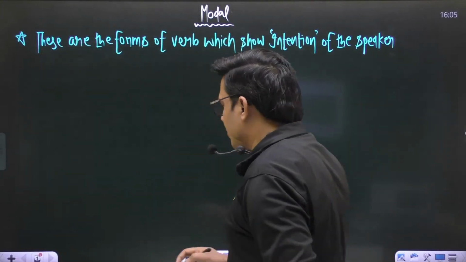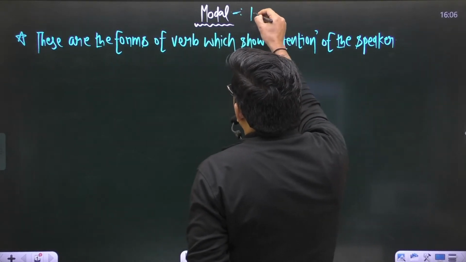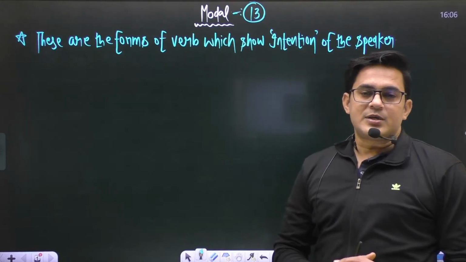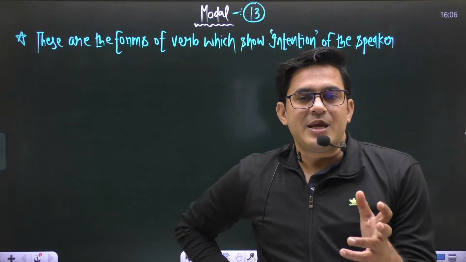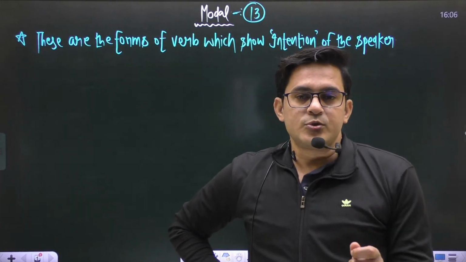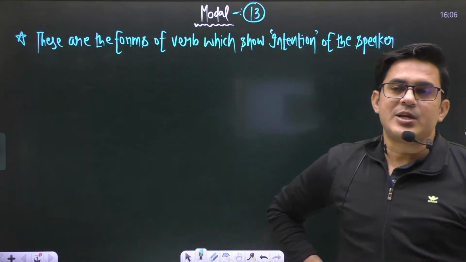And if you talk about the number of modal auxiliary verbs, we know it very well. There are 13 modal auxiliary verbs, and what are the 13 modals? Can, could, may, might, shall, should, will, would, ought to, used to, must, need and dare. These are the modal auxiliary verbs.